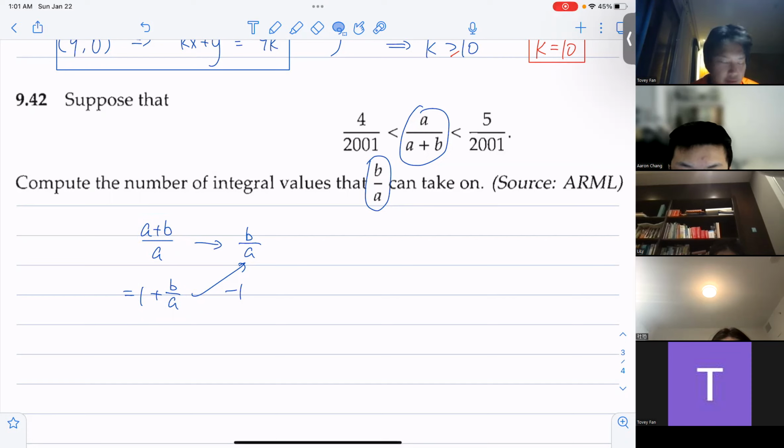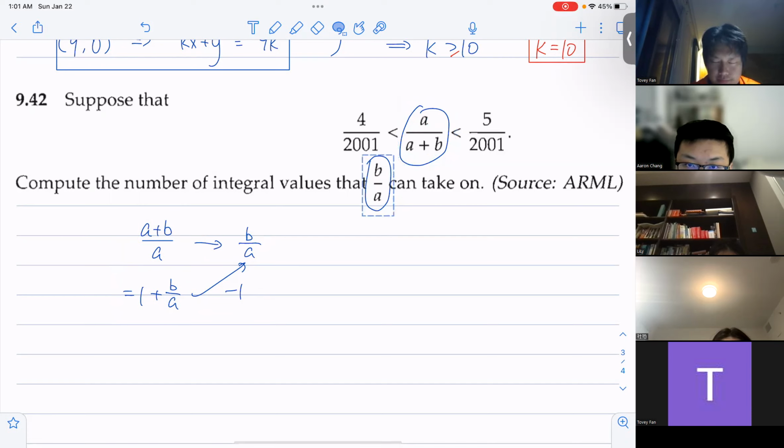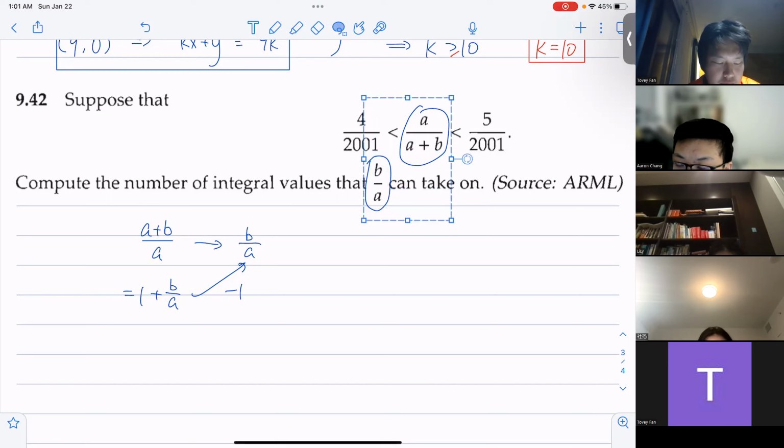But for now, you just need to understand that if you have some fractions like this, it can be written in this form. That's how you see the connection between this fraction and this fraction. This kind of maneuver is pretty common in all sorts of math competitions, so make sure you understand how to do it.